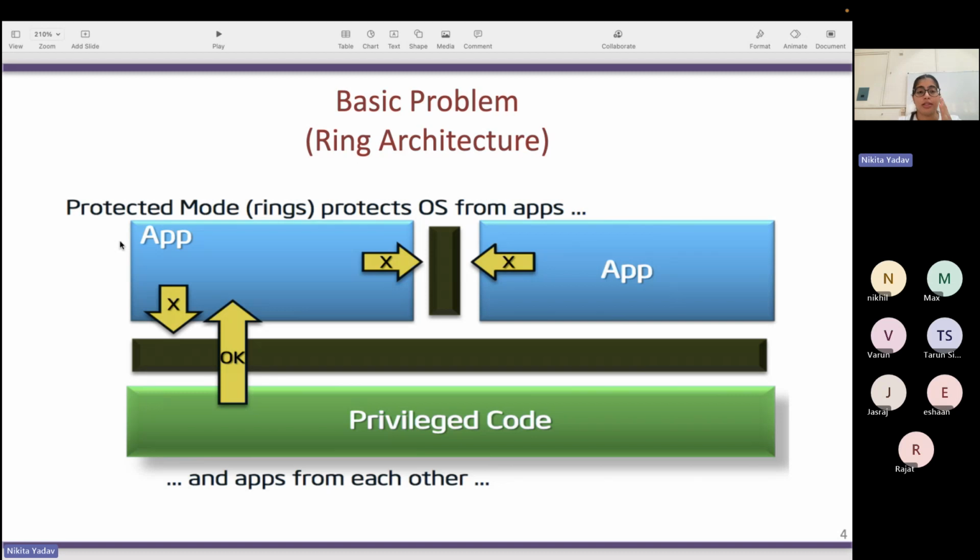unprivileged layer. So these are the protection rings, and the goal of these protection rings is to isolate the operating system from the applications. Your OS runs in ring 0, and your applications run in ring 3. All of these applications run in ring 3, and your OS runs in ring 0.